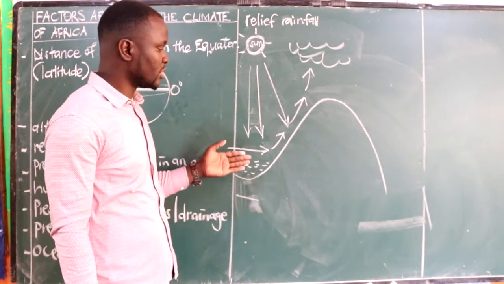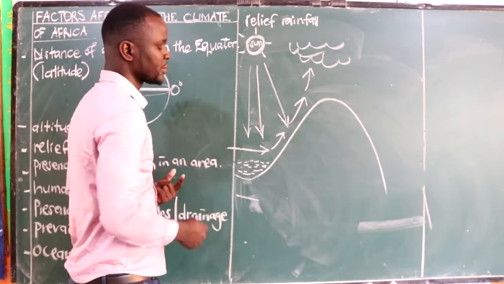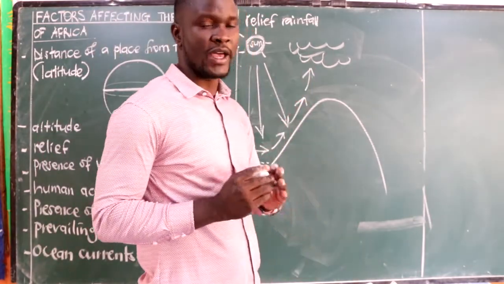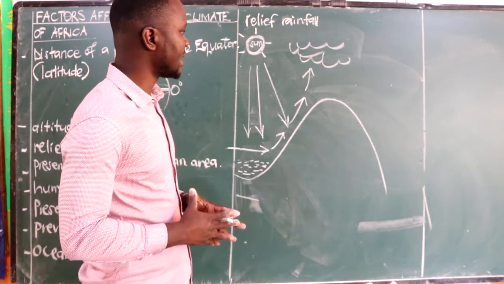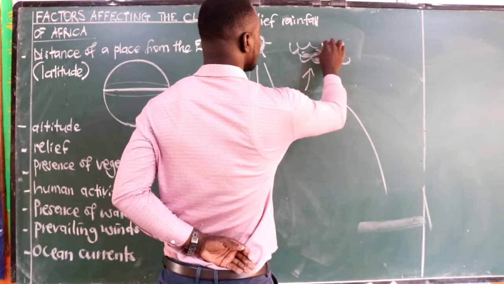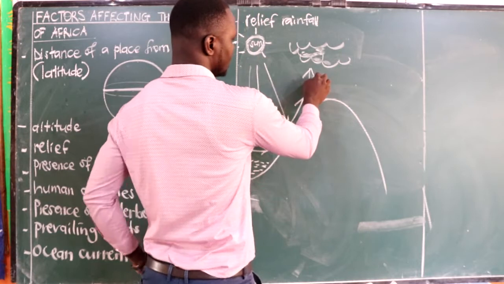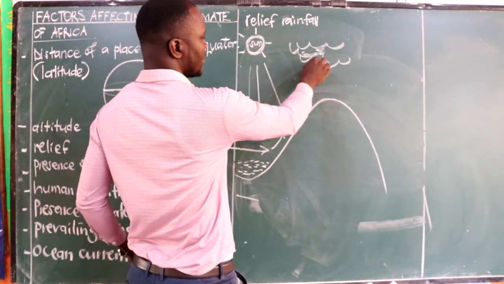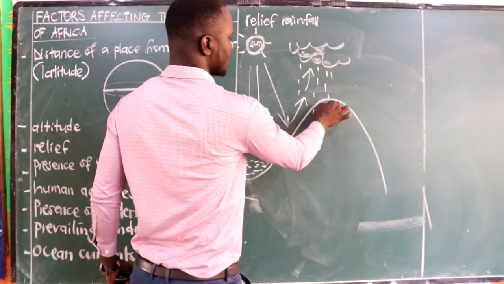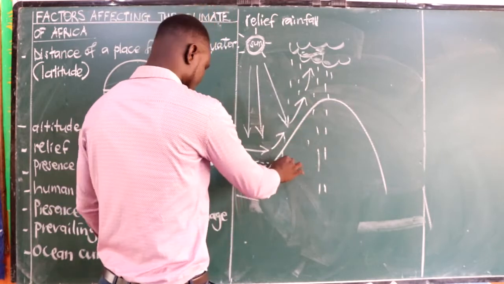So this wind, on picking some moisture from this water body, goes into the atmosphere, where it will lose that moisture, forming these clouds as we see. Then finally these clouds result in the formation of rain. So we shall have rain experience like this.